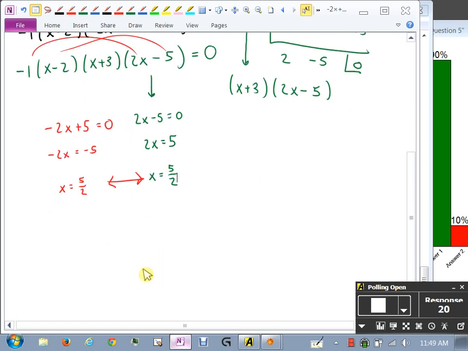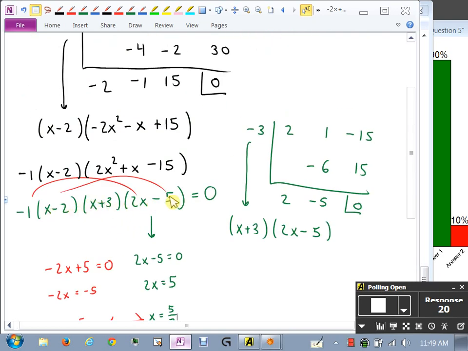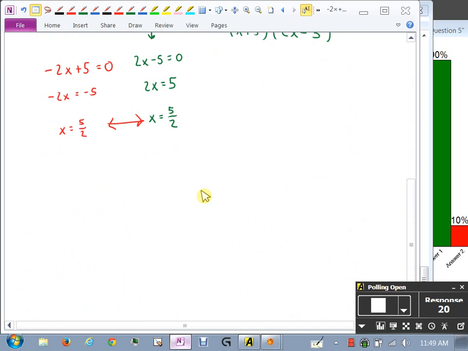Okay, so I know you want to move on, I want to move on. You could leave it out there. Okay, what are the multiplicities on all of these? 1, 1, 1, 1. So we're going to cross on all of them. All right, so we never pulled the GCF out of the beginning, so our graph would look like this.